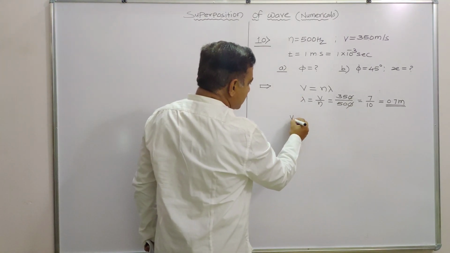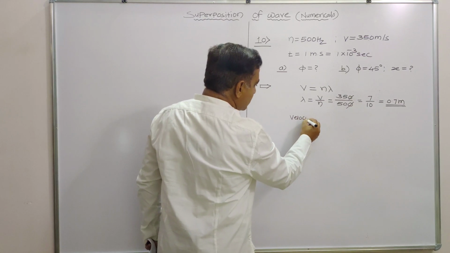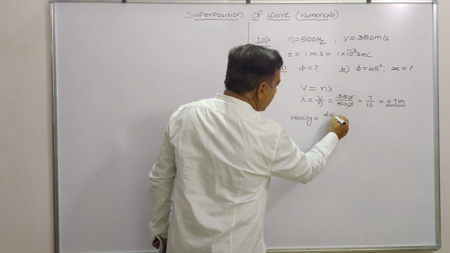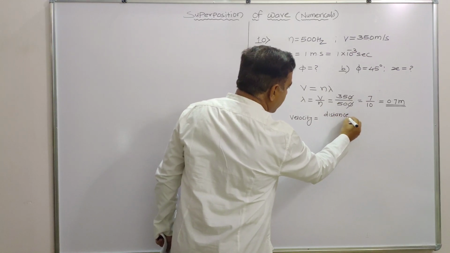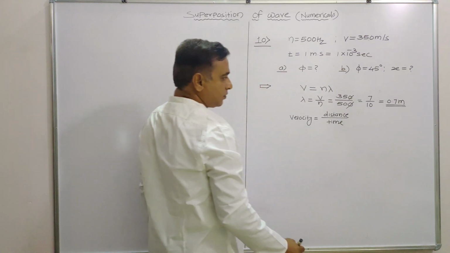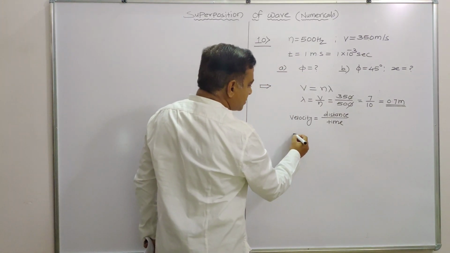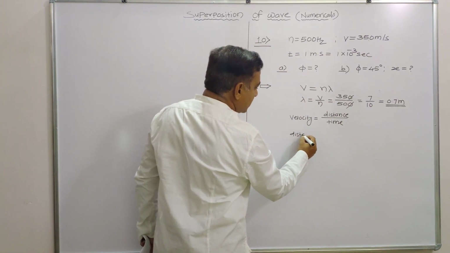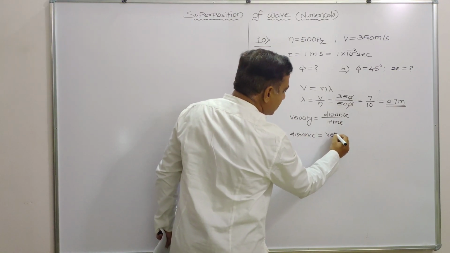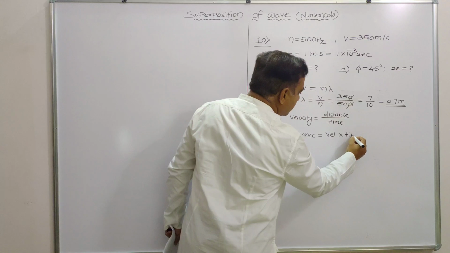We know that velocity is equal to distance upon time. Okay, distance upon time. So distance covered, distance is equal to velocity into time.